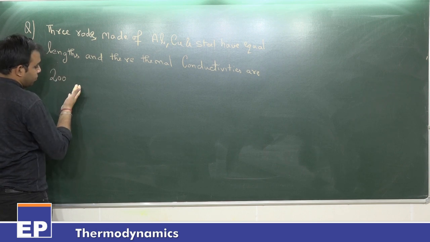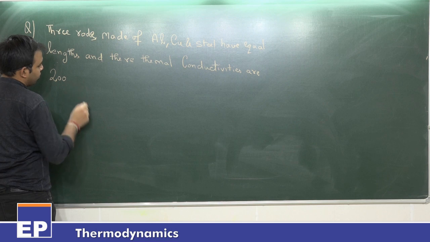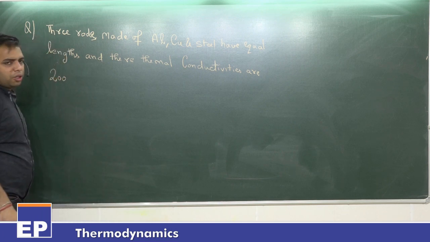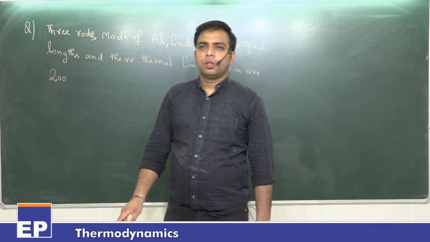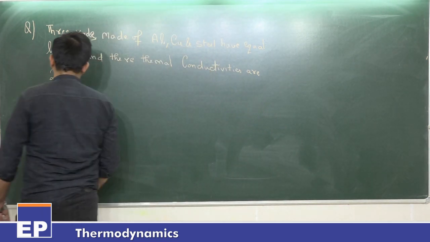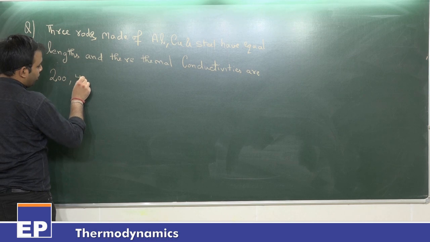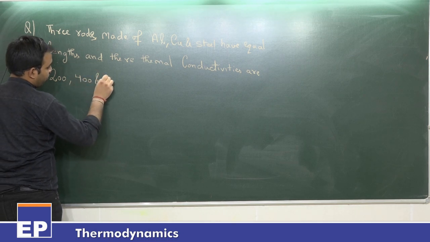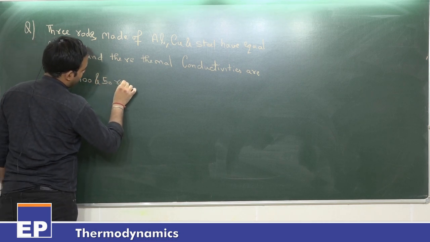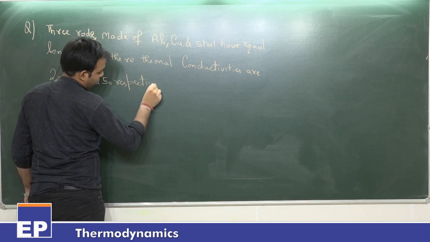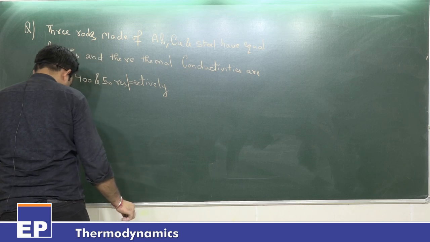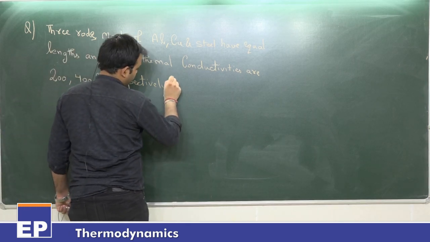Unit is SI unit. What is SI unit for this? That is thermal conductivity. Conductivity is 1 upon K. 200, 400 and 50 respectively. In SI unit.